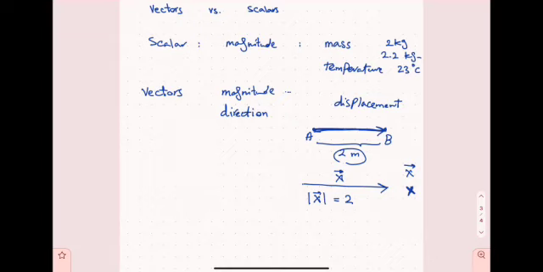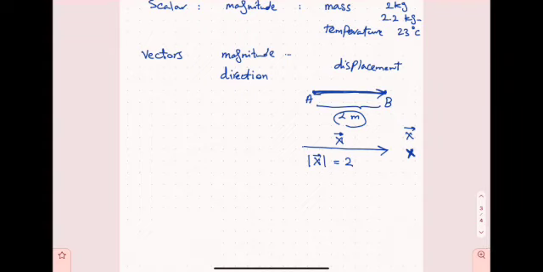Now, if we went from B to A, then we would end up with a vector like this. Let's show it with another name, the vector Y. It has the opposite direction of X, but the magnitude of Y, if we go back again to the point A, is again 2.